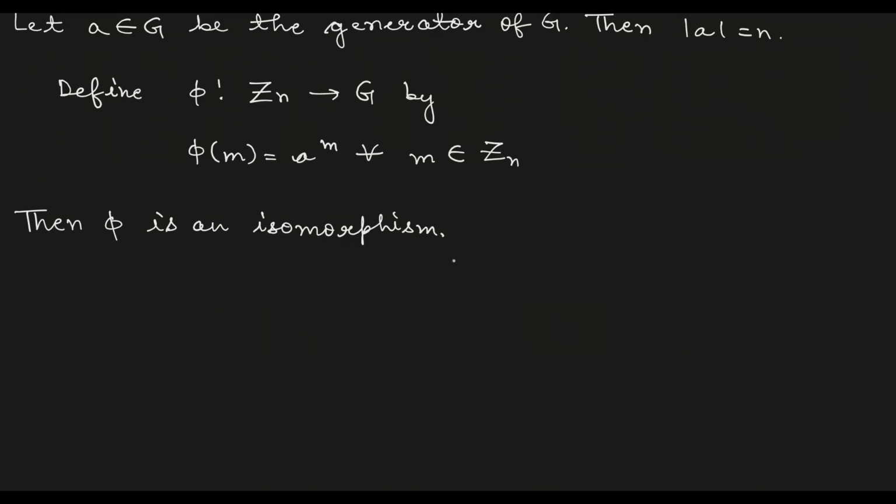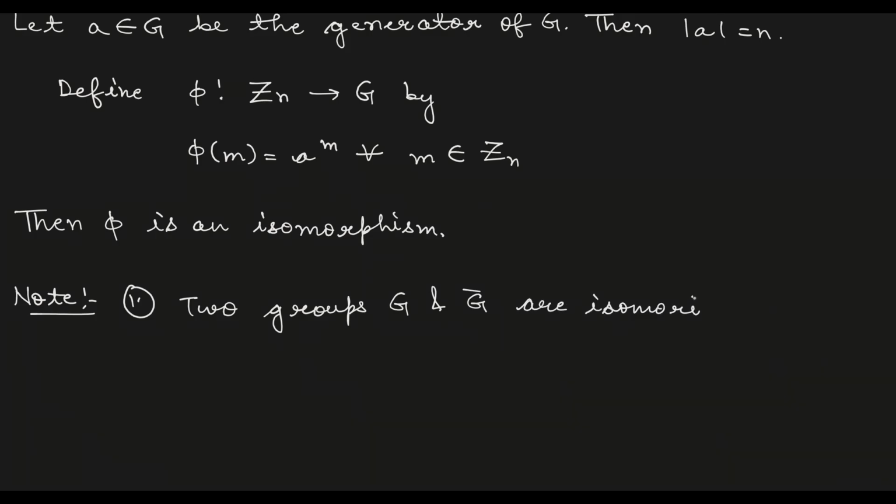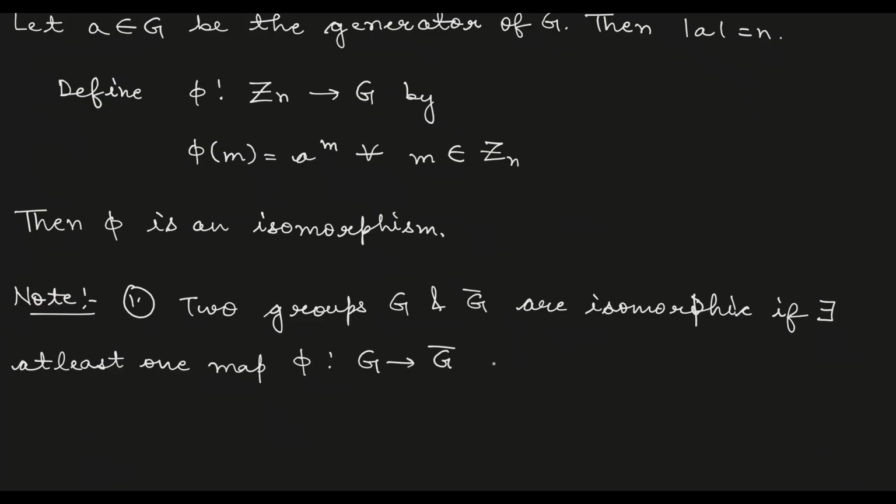Note, two groups G and G bar are isomorphic if there exists at least one map phi mapping from G to G bar such that, first, phi is bijective, means one-one and onto.